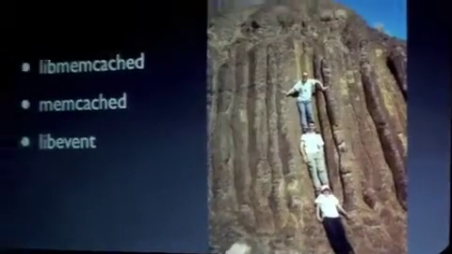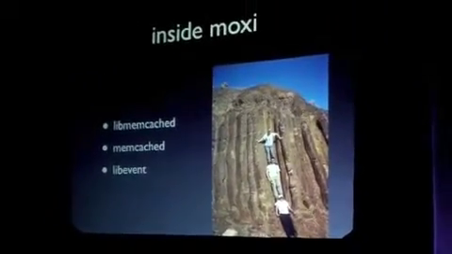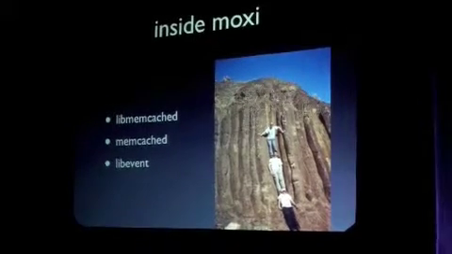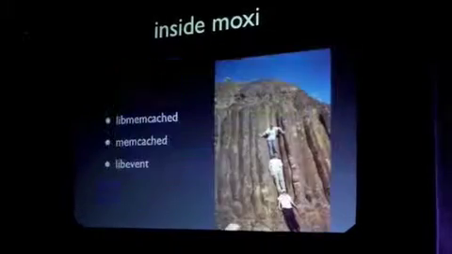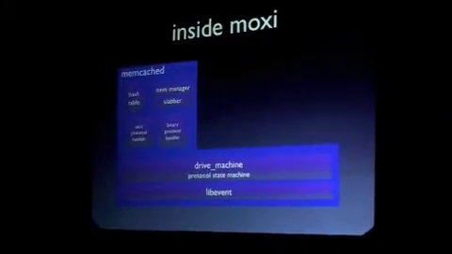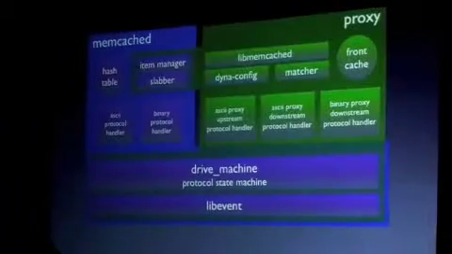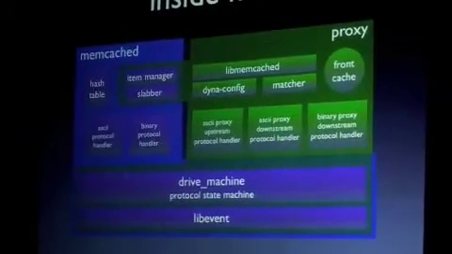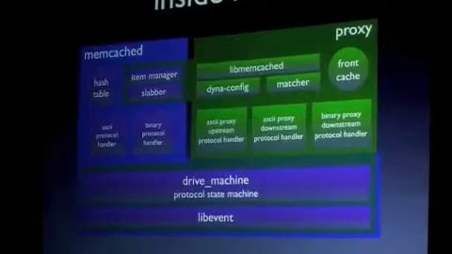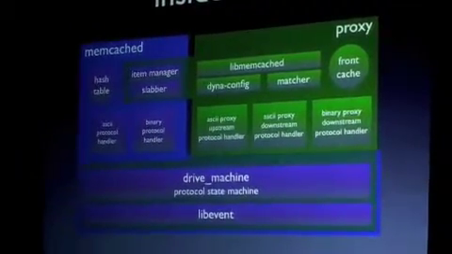Inside Moxi, so touching upon what's inside the box, we're based on the project's libmemcached, which is the open source C client library, memcached and libevent. This big blue L-shaped thing is all the key pieces inside the memcached server, and Moxi utilizes a lot of that stuff. So it's built upon the same protocol state machine, the item slabber, all this great stuff that's inside memcached.